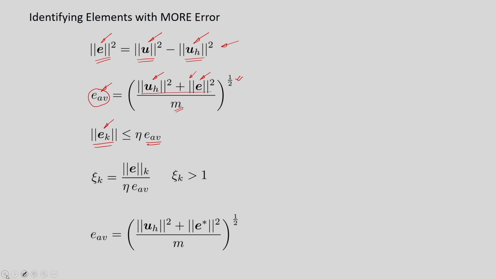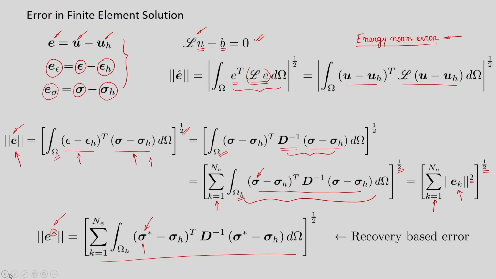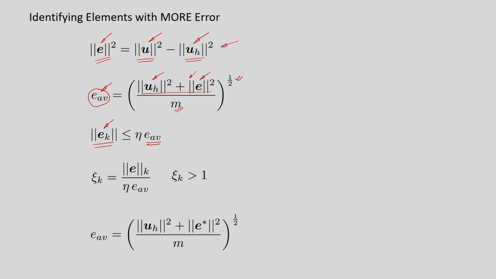That I have discussed just in the previous slide. We have already calculated the energy norm error corresponding to the kth element and summed it up over all the elements to get the total energy norm error.